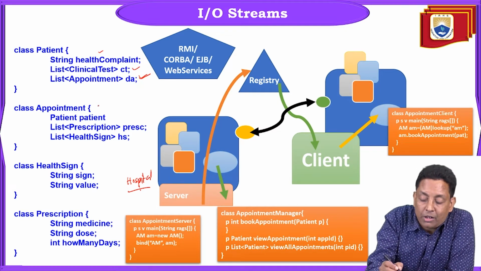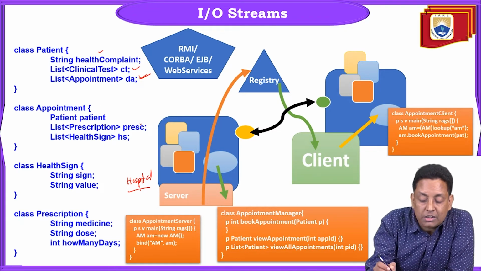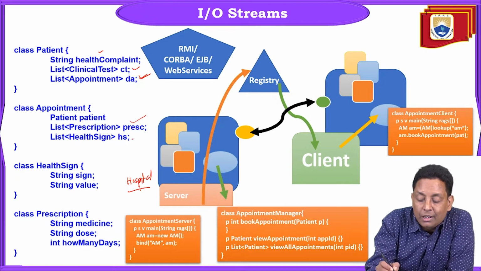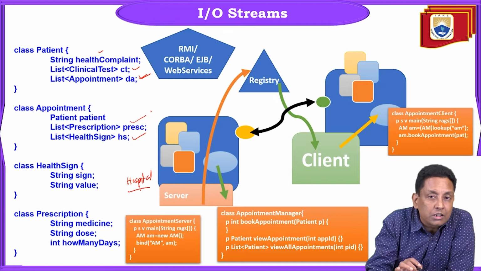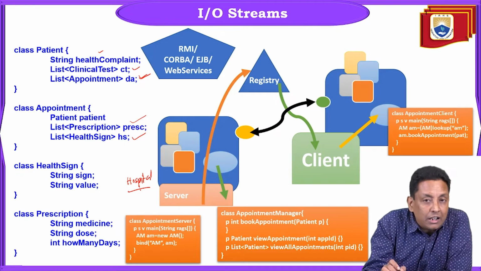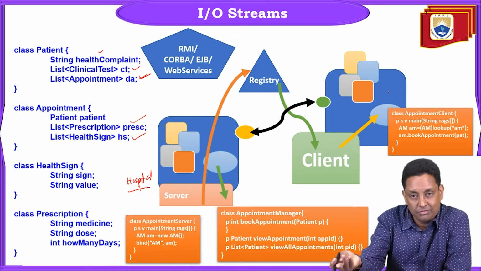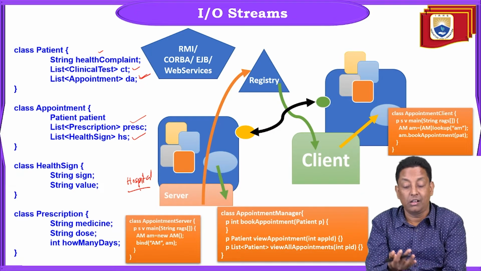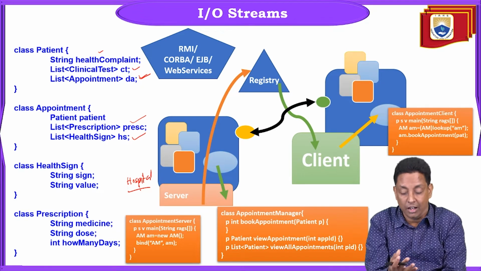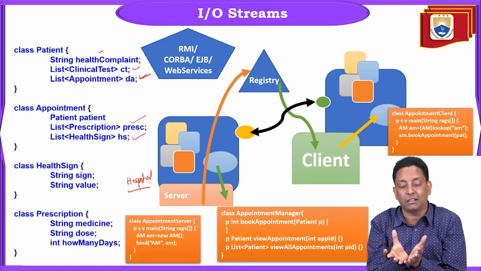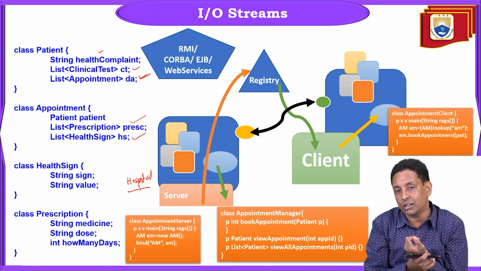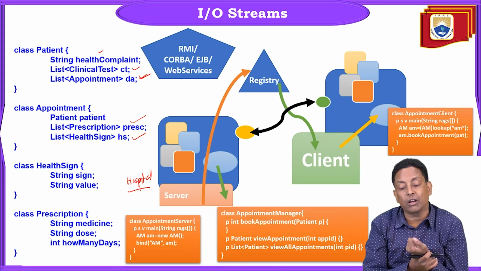That appointment contains whatever prescription is given. Before visiting the doctor, the junior doctors or nurses will take the weight, height, blood pressure, BP, temperature, and this kind of basic health signs, before sending the patient to the doctor.